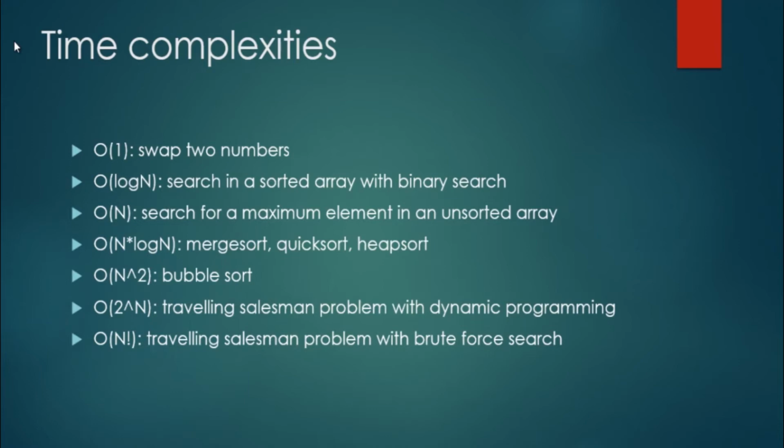So merge sort, quick sort, and heap sort have n log n linearithmic time complexity. Bubble sort has n squared. Then the traveling salesman problem with the help of dynamic programming has an exponential time complexity, 2 to the power of n. And the traveling salesman problem with brute force search has O(n factorial). It's very bad, and usually for the last two we need heuristics, where we just want to find an approximate solution.